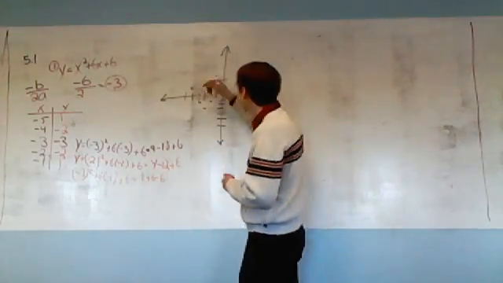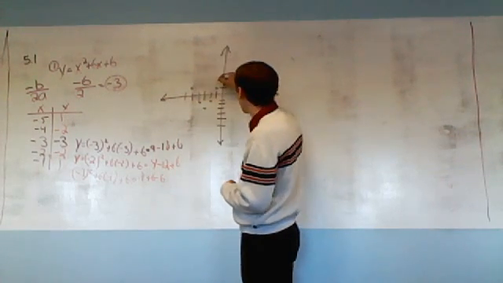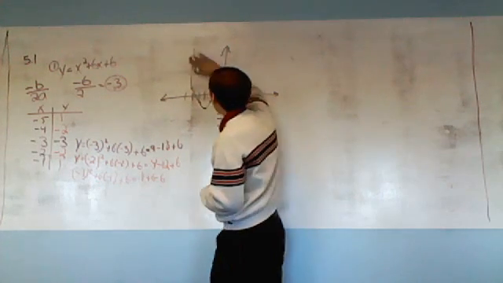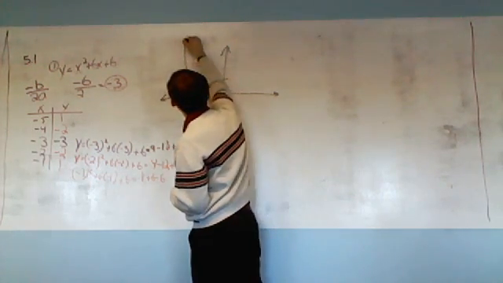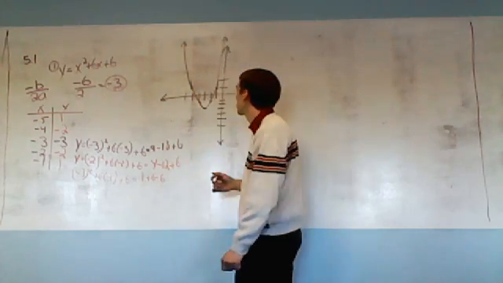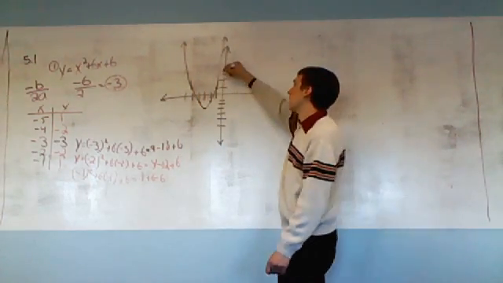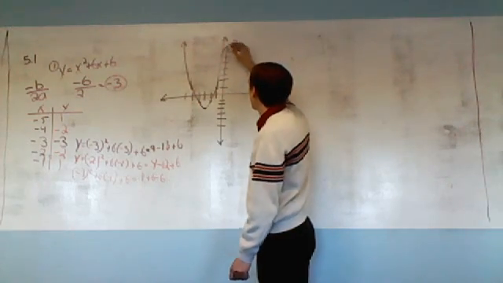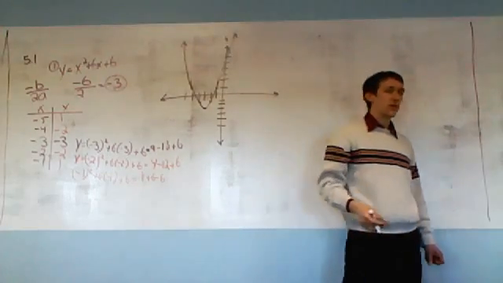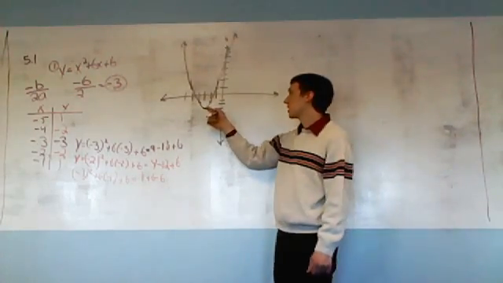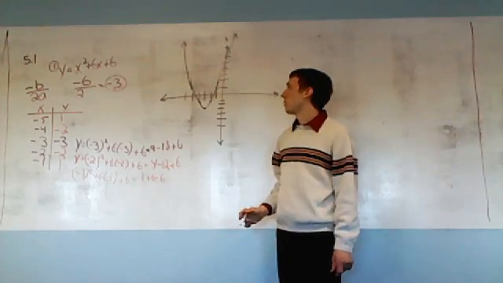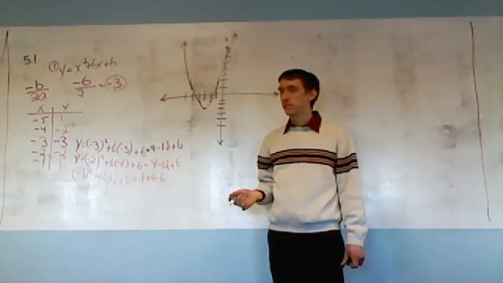Mine's not drawn perfectly, but it should go through 6 next. But remember, since it changed by 1, then by 3, it would go by 5. You don't have to remember that, but it should look something similar to that.